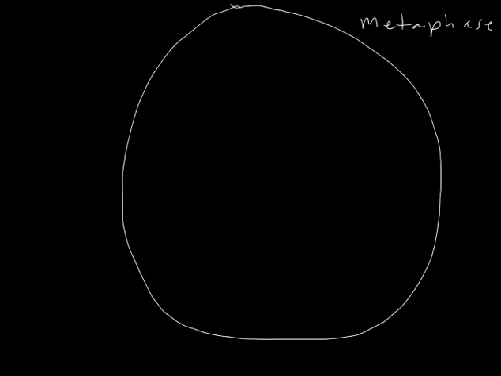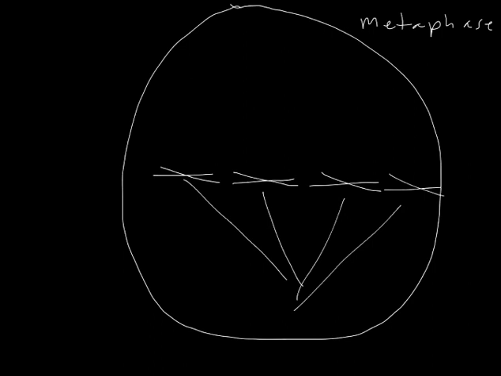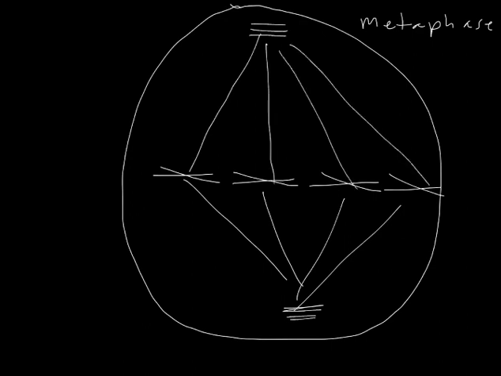Once those spindle fibers have distributed those chromosomes across the center of the cell, we're in a stage known as metaphase. So all the chromosomes within one cell are lined up across the center of the cell, known as the equator of the cell, or the metaphase plate.